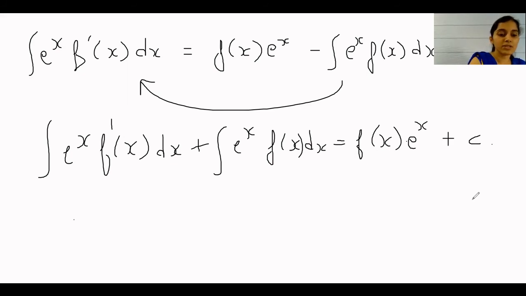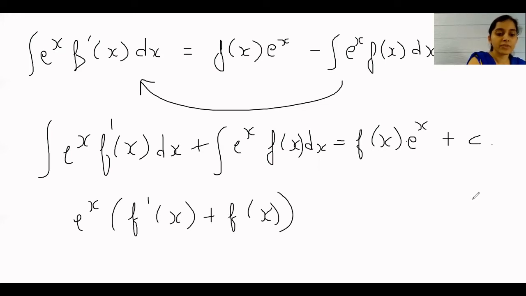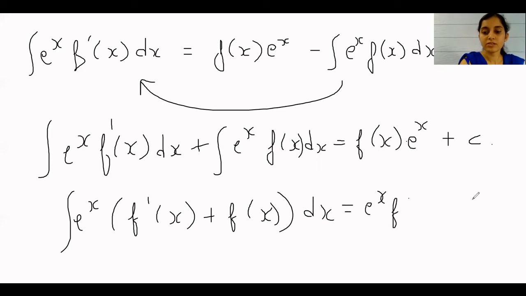So this can be written as e raised to x common, f dash of x plus f of x, integration dx is equal to e raised to x f of x plus c. Okay, so this is a formula that we have derived.